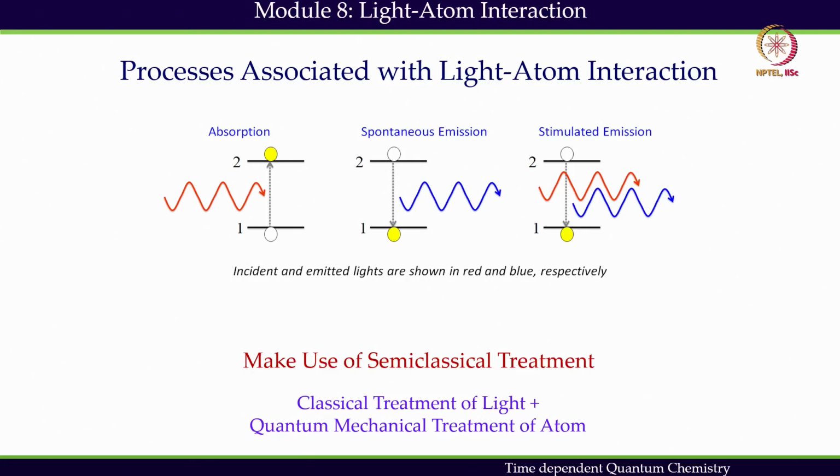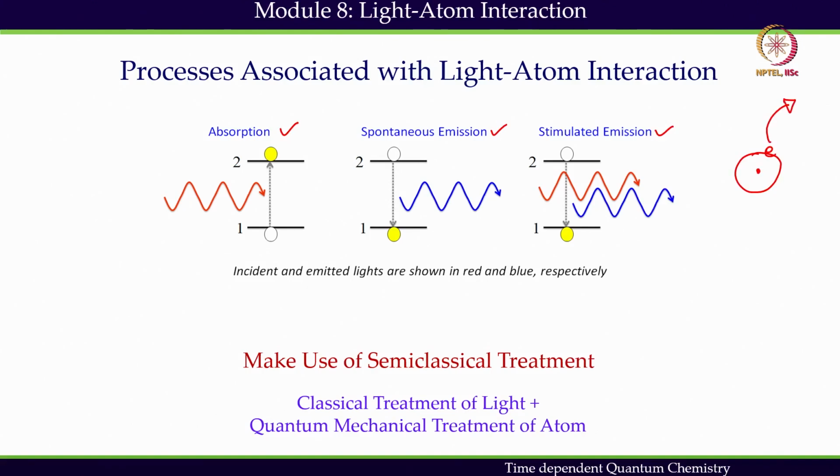So, in the context of the interaction of light with an atom, 4 fundamental processes are important: absorption, spontaneous emission, stimulated emission, and the fourth one is the photoionization, which I haven't shown, which will remove an electron completely from an atom.